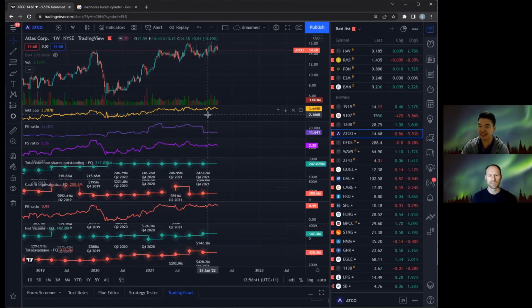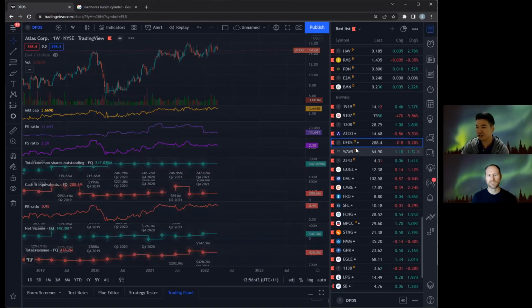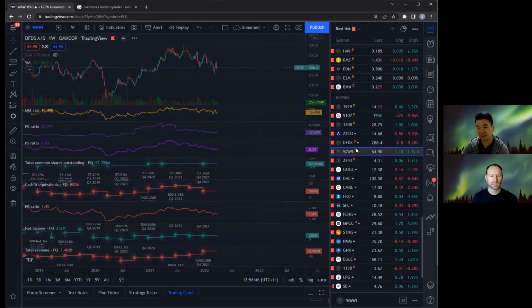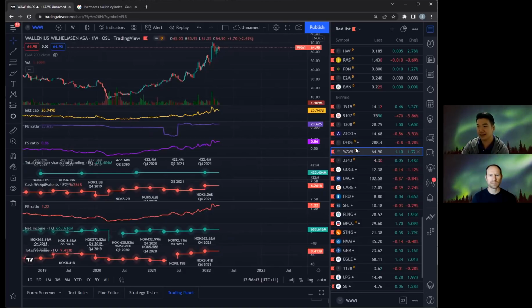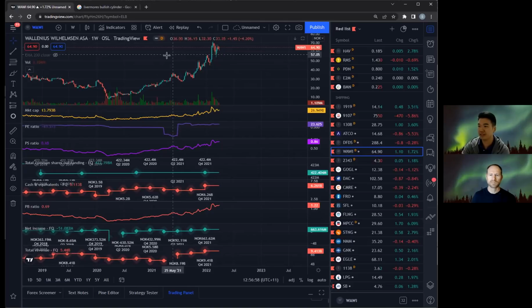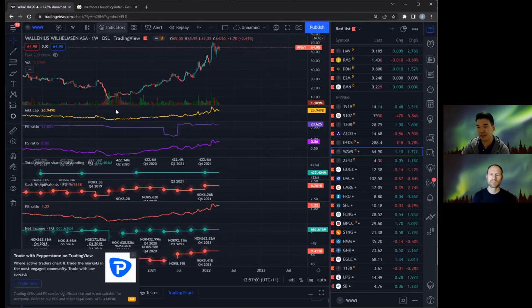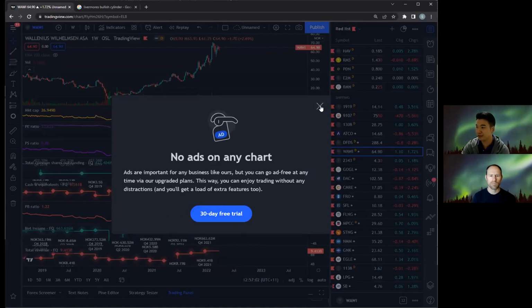So I've got this set up, so I can easily just scroll down and look at their key metrics to see if I'm interested in the company. What I would typically be interested in is rising book value of the stocks, or rising revenue, rising net income, whatever it might be. So I'll marry that up with the fundamentals.